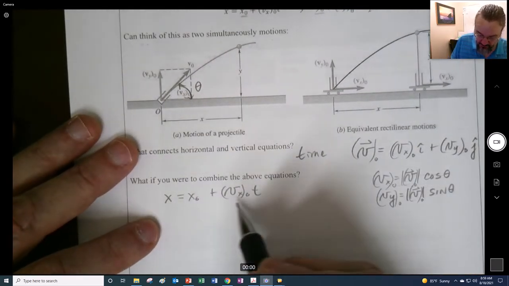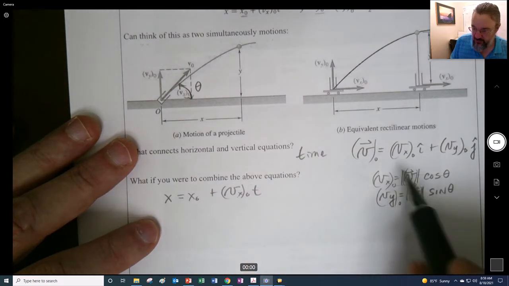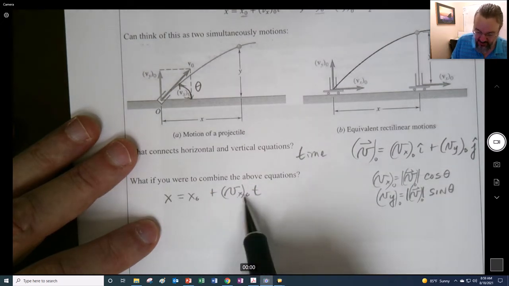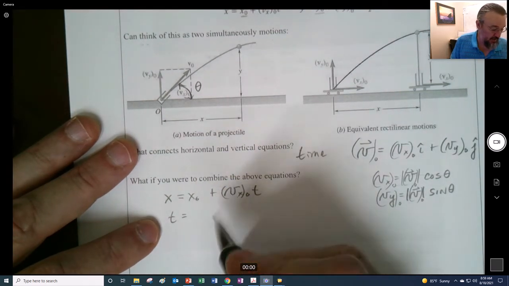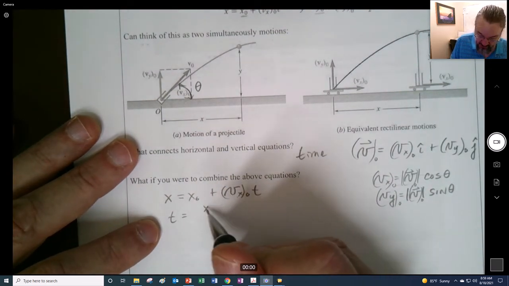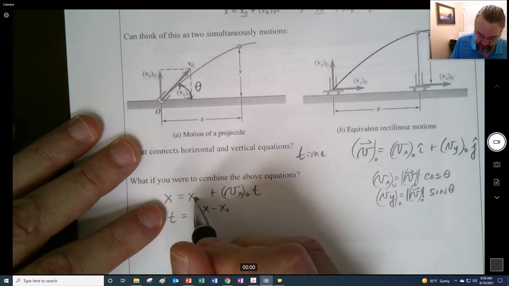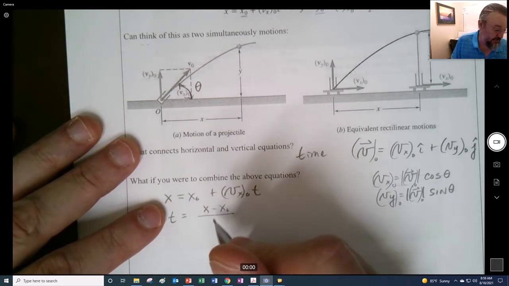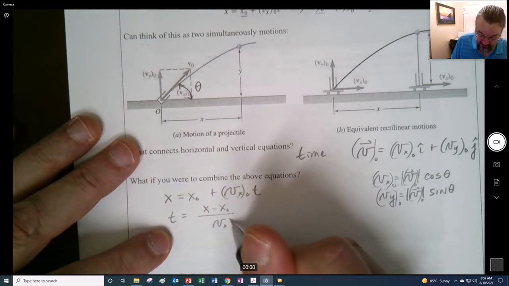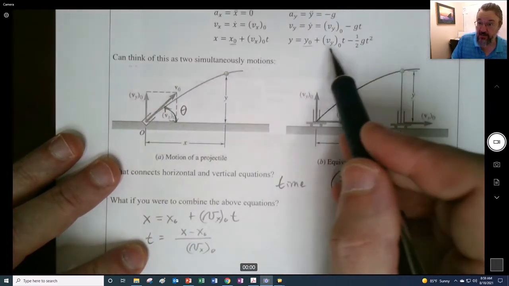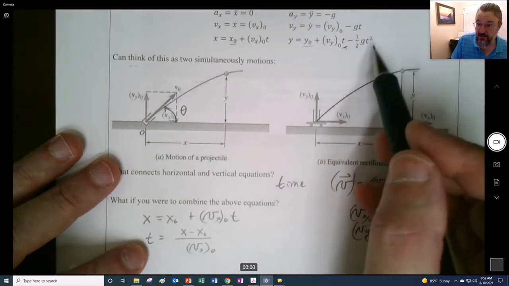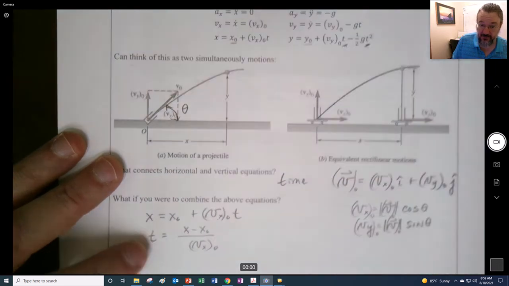And so anyway, we have this initial velocity that we could get if we have a known initial velocity. We get the x direction component. Solve for time, and that's going to be the change in position, moving that over and dividing through by vx naught. Let's replace t with that.